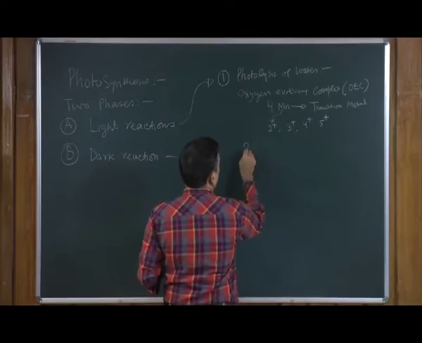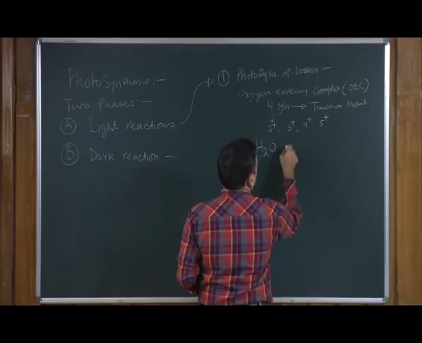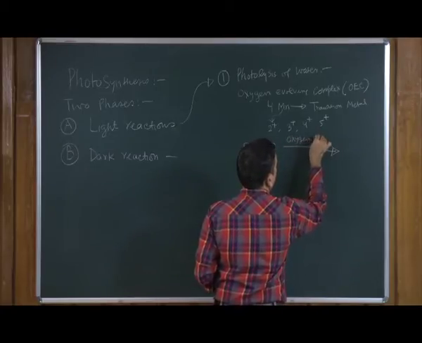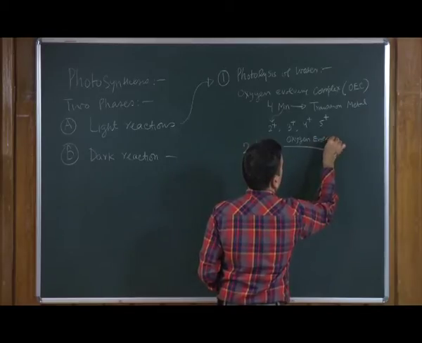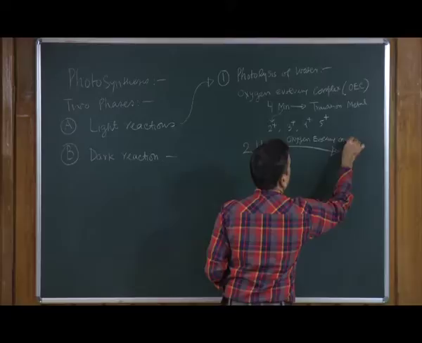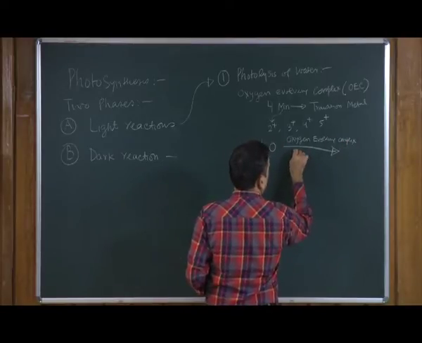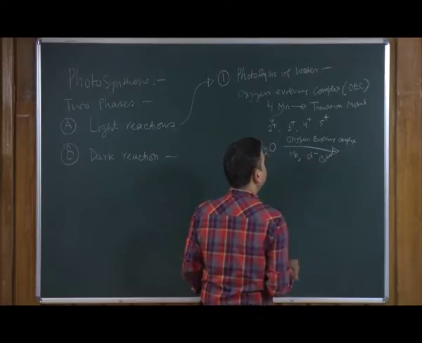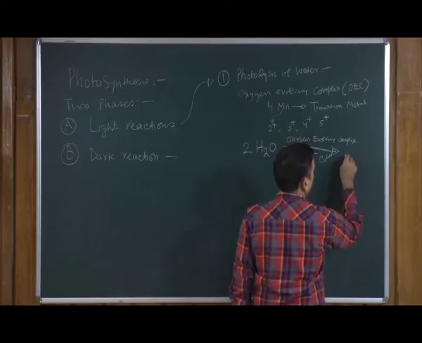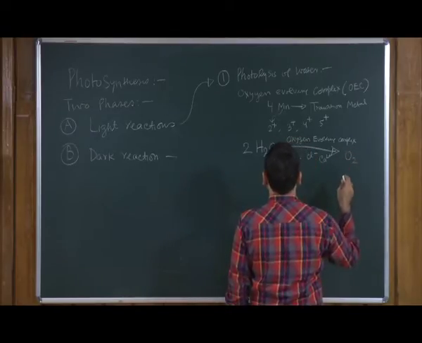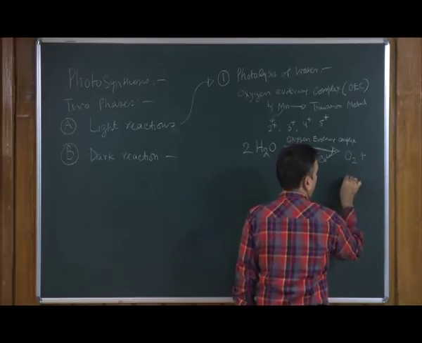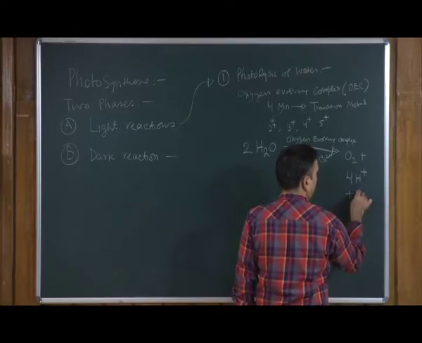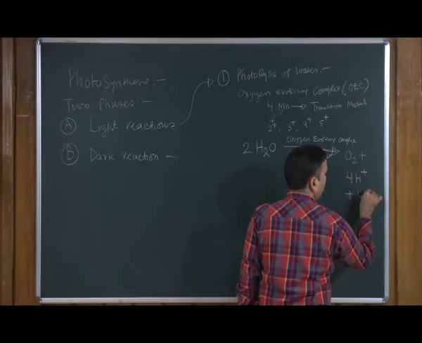So the reaction that is happening is this. The oxygen evolving complex, with manganese, chloride, and calcium, acts on water, and as a result you have a molecule of oxygen and 4 molecules of protons, and what else you have? You have 4 molecules of electrons.